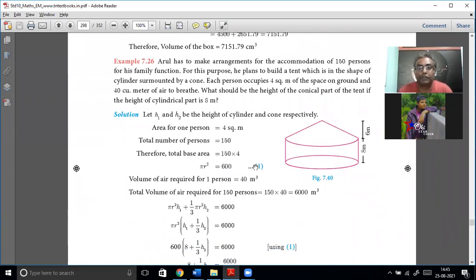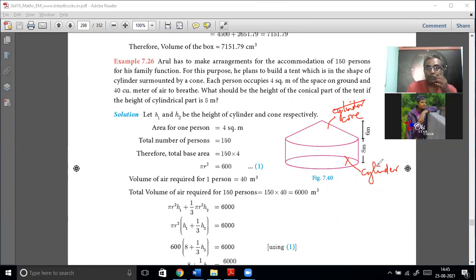Example 7.26. Let us see. Arul has to make arrangements for the accommodation of 150 persons for his family function. For this purpose, he plans to build a tent which is in the shape of a cylinder surmounted by a cone. Okay. So he wants to have a cone, a cylinder.